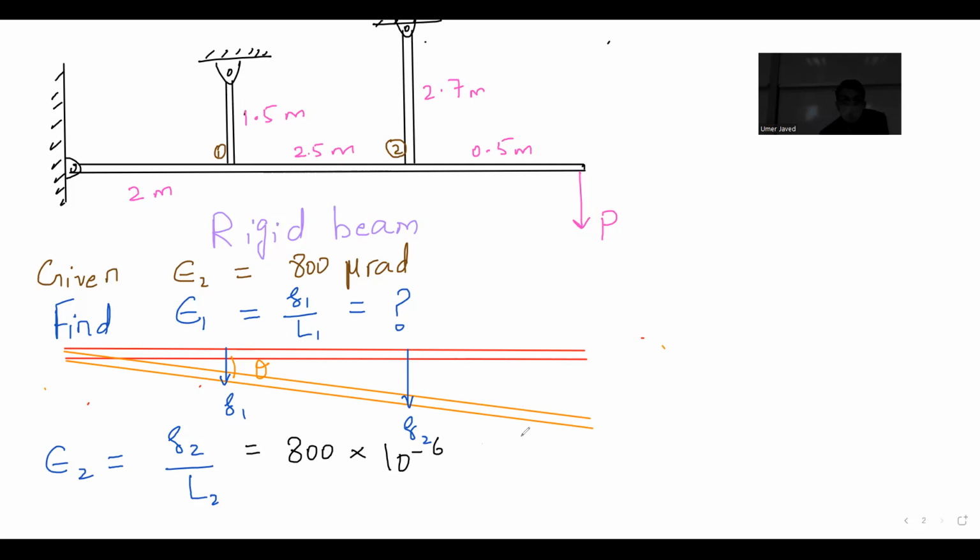Then I will say that delta 2 is equal to, what is L2, by the way? 2.7, huh? So 800 into 10 power minus 6 into 2.7 meter. So change in length comes out to be 2.16 into 10 power minus 3.